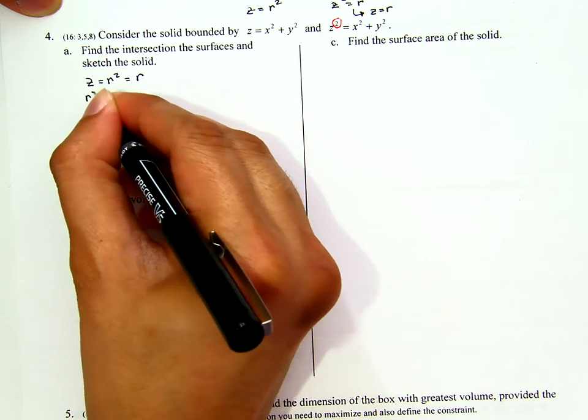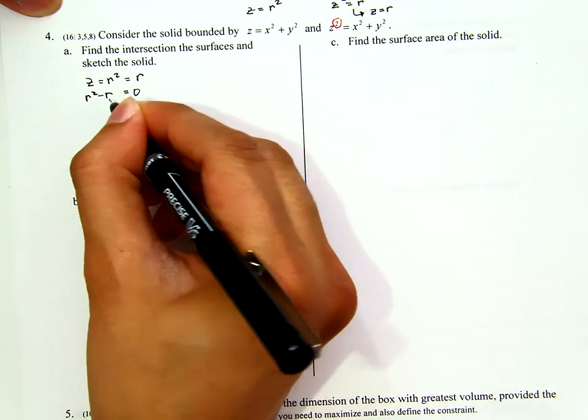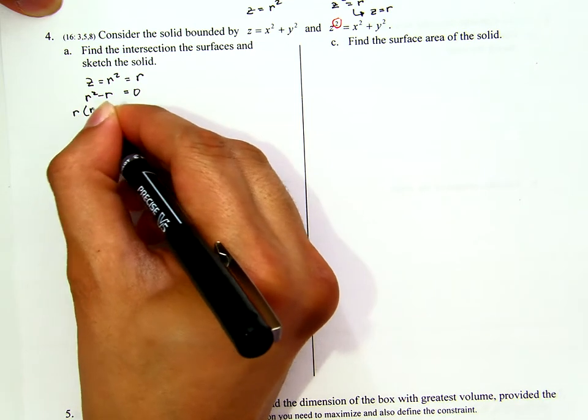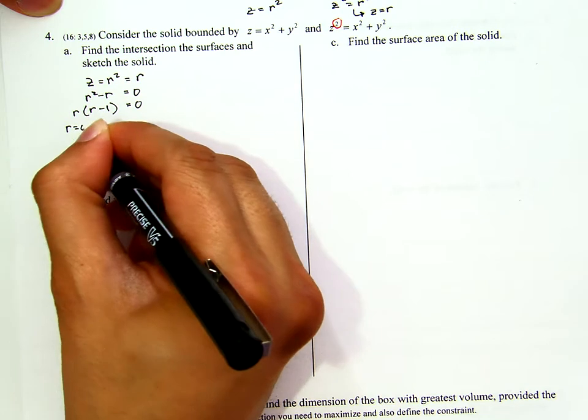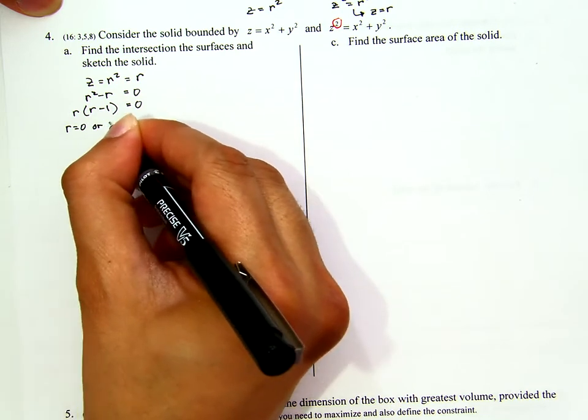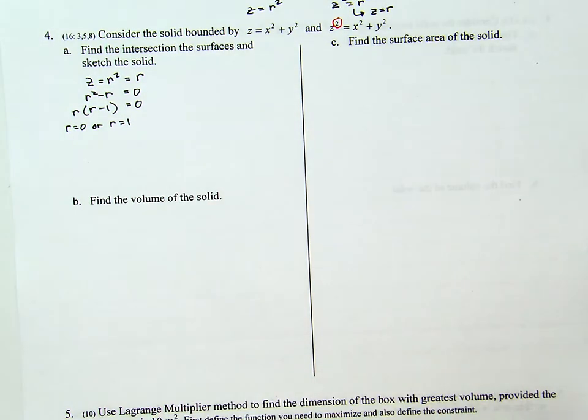That way we see that r squared equals r. Then r squared minus r equals 0, I factorize the r, and r equals 0 or r equals 1, right? Now that's the intersection of the surfaces.